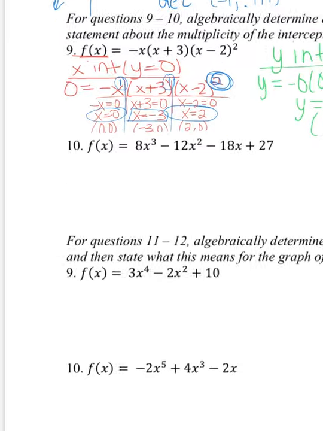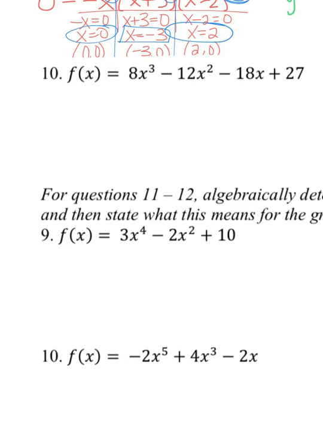Okay, number 10, a little bit trickier because this is not in factored form. So let's start off by doing the x-intercepts. Again, x-intercepts, that's where y equals 0. So I have 0 equals 8x to the third minus 12x squared minus 18x plus 27.